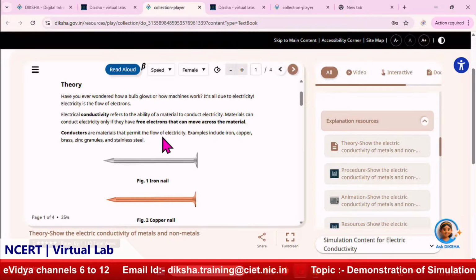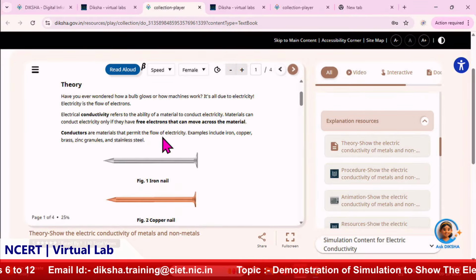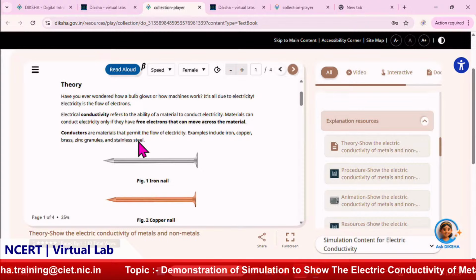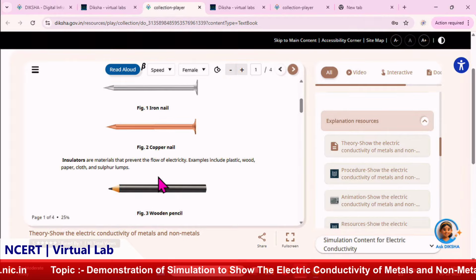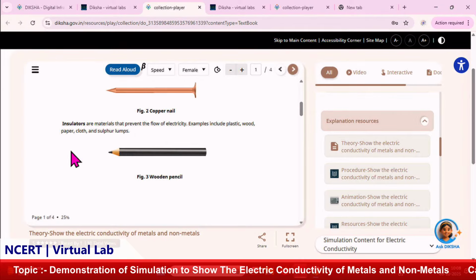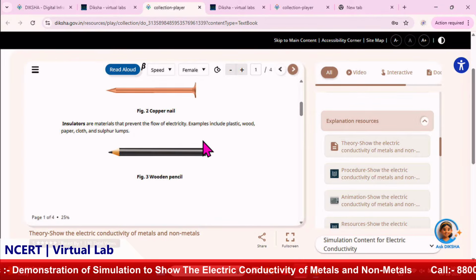Now based on that, we have classified the materials into 2 categories. One is called conductors and another is called insulators. As you can see in this picture over here, in the conductors, iron nail and copper nail are both metals, and in the case of insulators, the material prevents the flow of electricity. How do they prevent it?